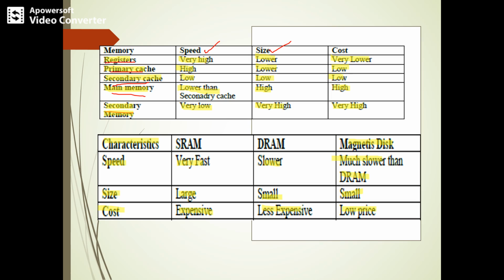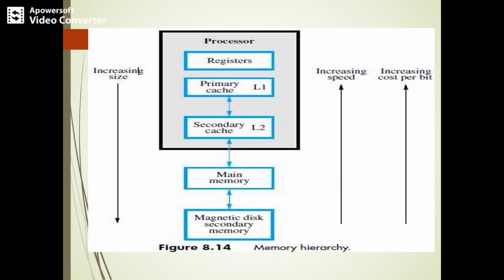So the diagram shows the memory hierarchy, consisting of registers, primary cache and secondary cache, main memory as well as magnetic disk or secondary storage. All these types of memory units are used in a computer.